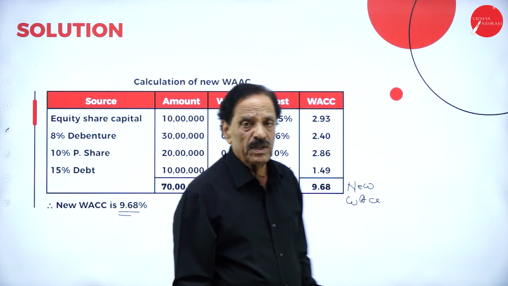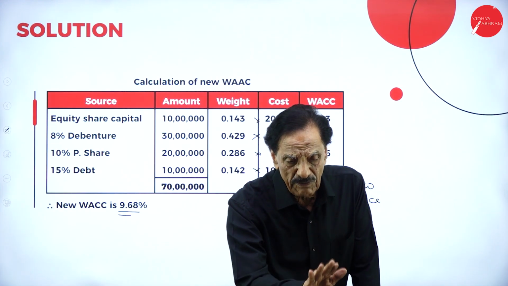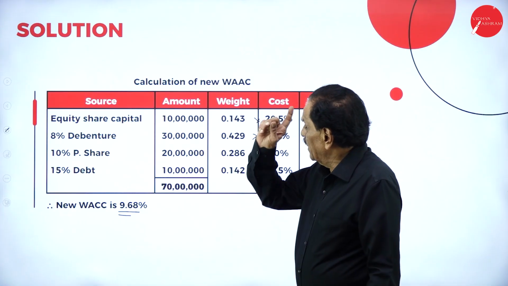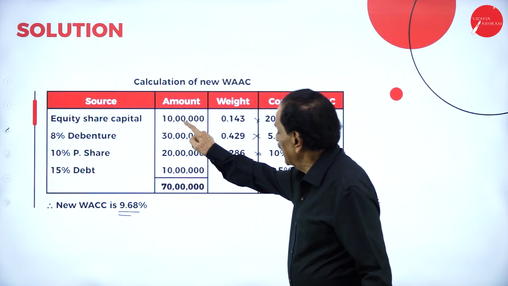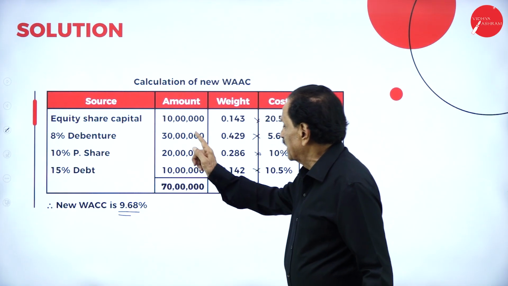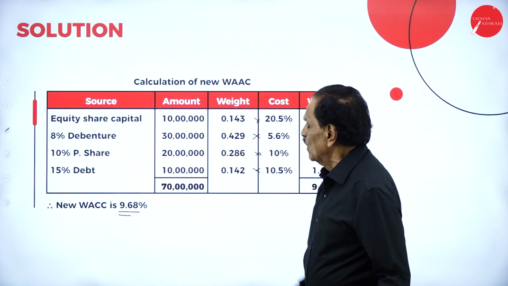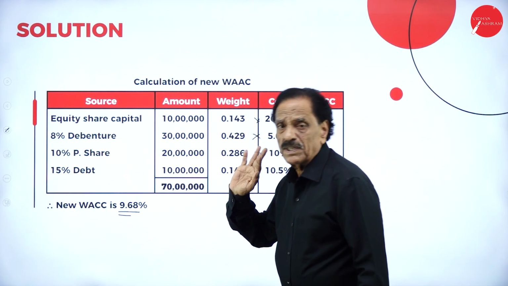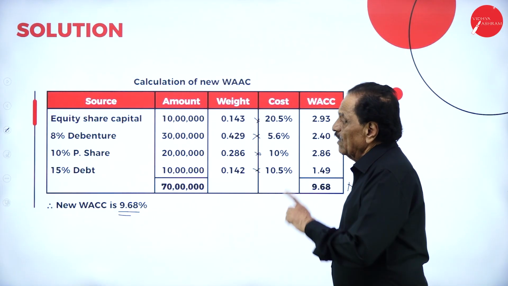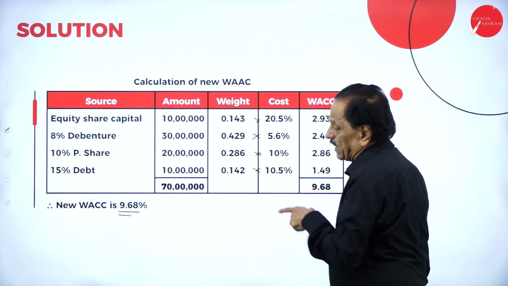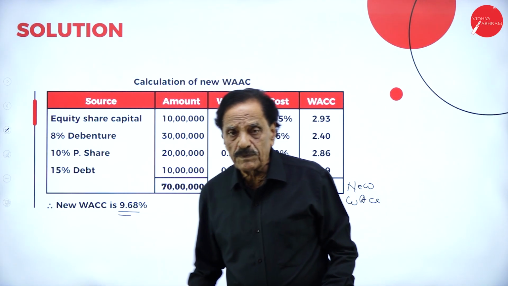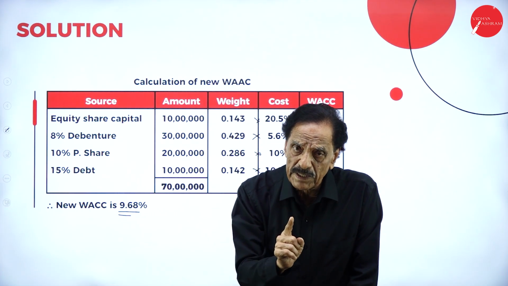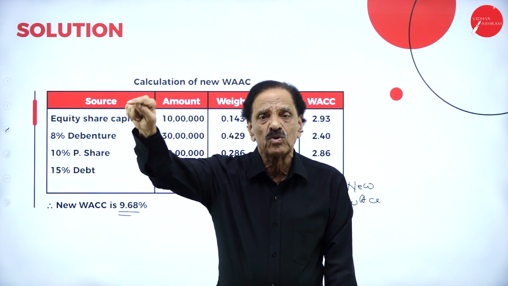So what is the procedure? First, we have to find the weights. How to find the weight? Add the figures, and for each individual calculate 10 lakh divided by 70 lakh, 30 lakh divided by 70 lakh, 20 lakh divided by 70 lakh, 10 lakh divided by 70 lakh. That gives the weights. Then you have to calculate the cost of capital. For equity, it is dividend divided by market price of the share into 100 plus growth rate.